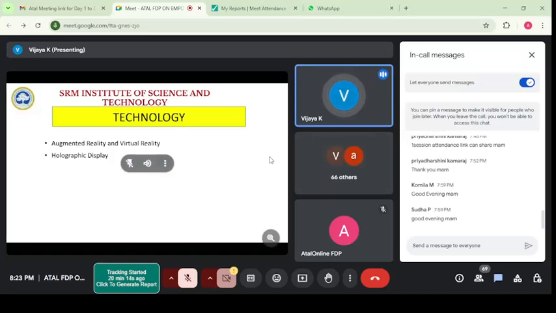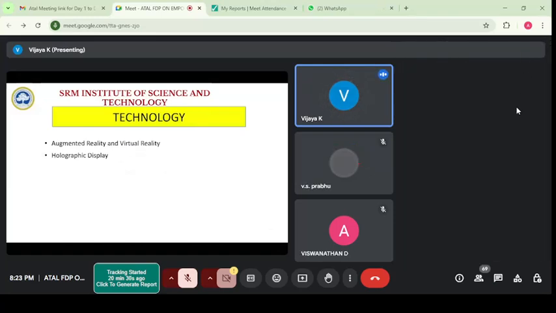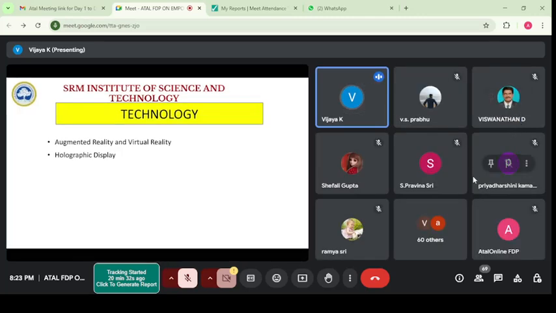So in the UK, medical students' training is happening on a holographic patient, not the real patient. They have holograms being used as patients, and they are being trained on how to treat them.